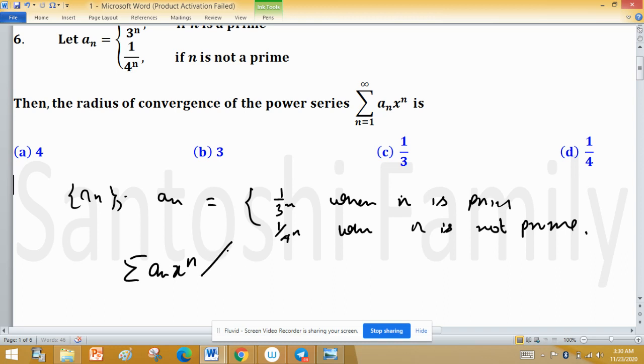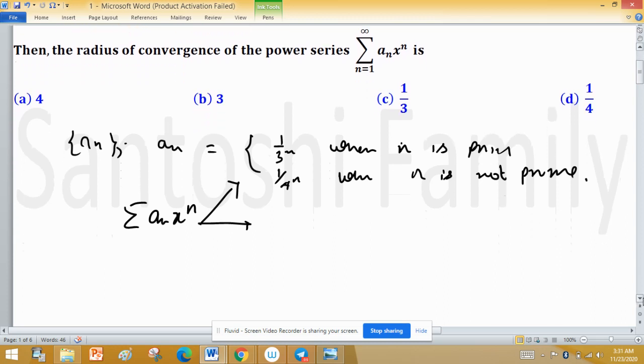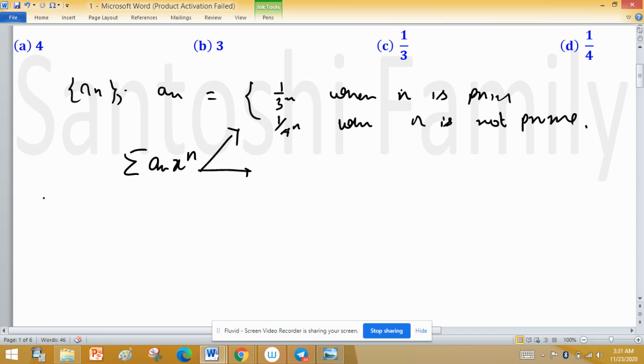So as a_n is given in two structures, when n is prime and n is not prime, it means the set of natural numbers is divided into two categories, n is prime and n is not a prime. So we can split this power series in two, and we have to find the radius of convergence for the power series when n is prime and when n is not a prime. So we are considering two cases.